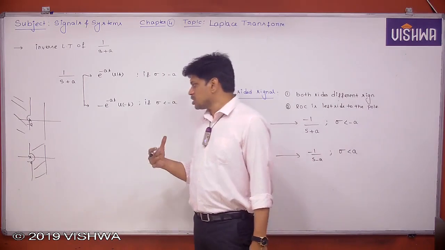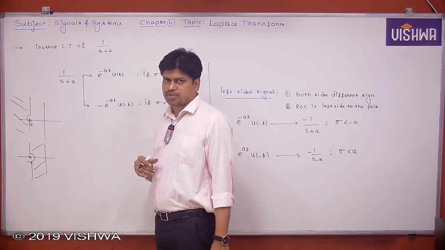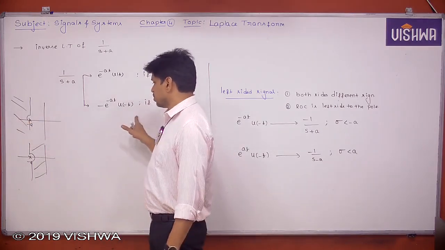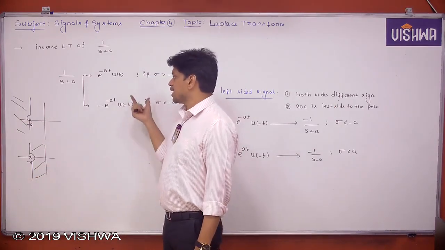If it is not mentioned which ROC, we cannot say which is the inverse Laplace transform. If this is the ROC, we can write this one; if that is the ROC, we can write the other. So depending on ROC, we can get the exact answer.